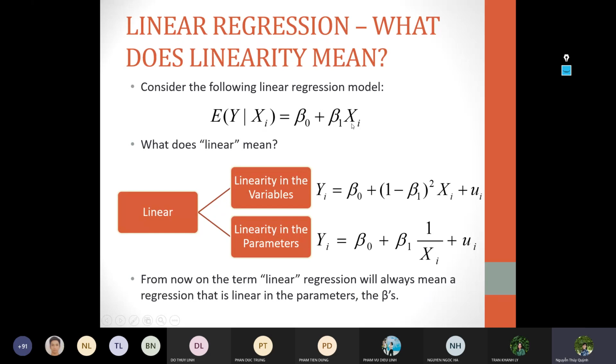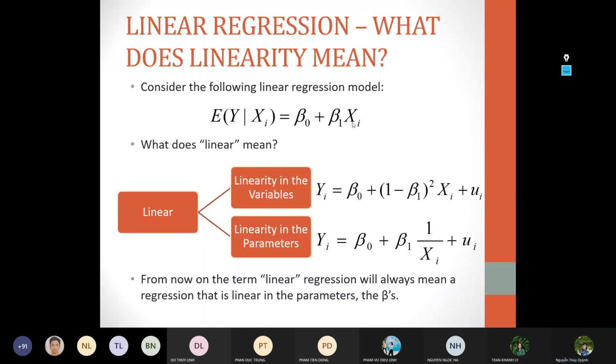So when we say that a model is linear, there are two ways that we can understand the term. It can mean that the model is linear in the parameters, and it can also mean that the model is linear in the variables. So what is linear in the parameters, and when do we say a model is linear in the variables?